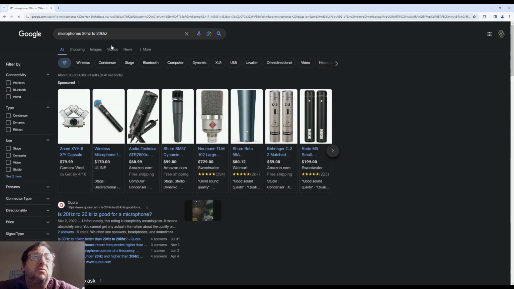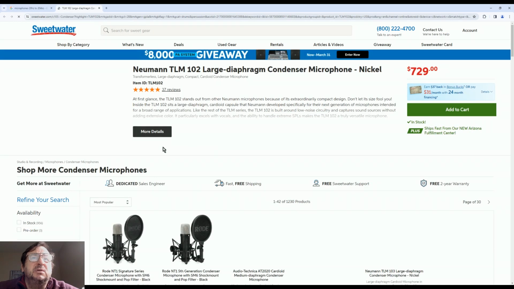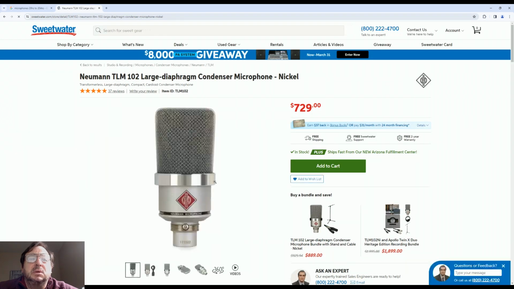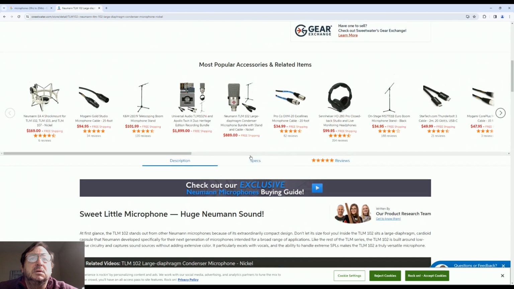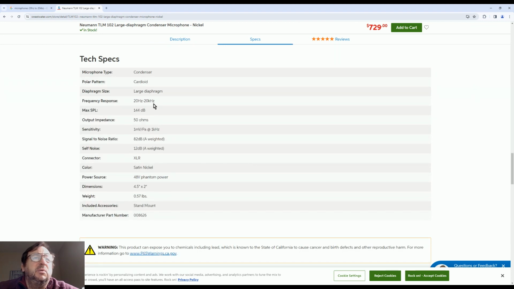That would be a wide range. Suppose this one. Expensive ones, they would have that range. Yeah, $720. So you look at specs, you see 20 to 20.